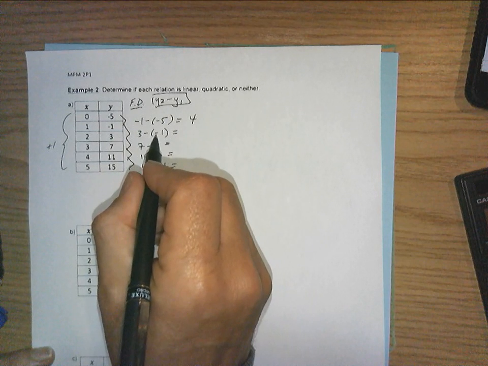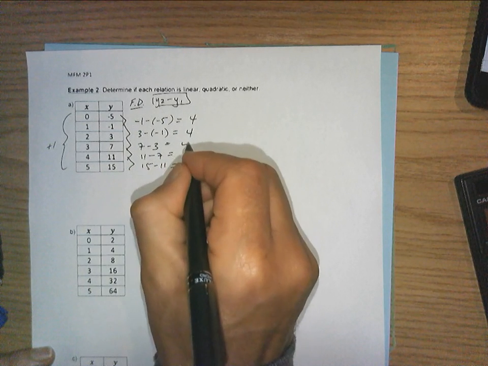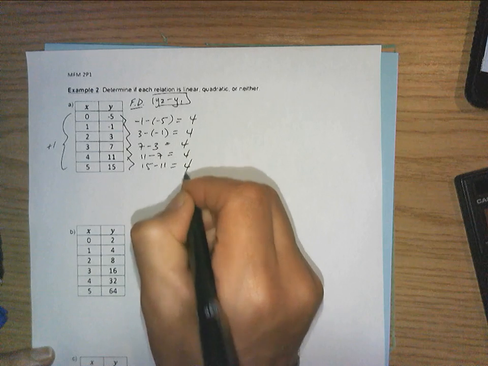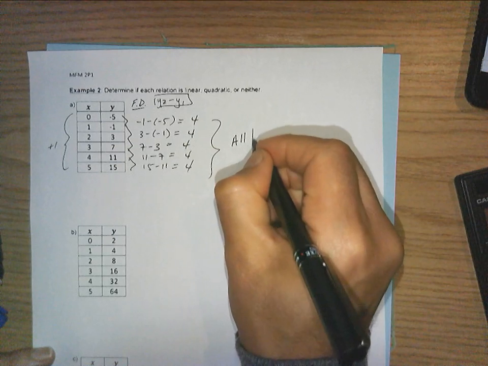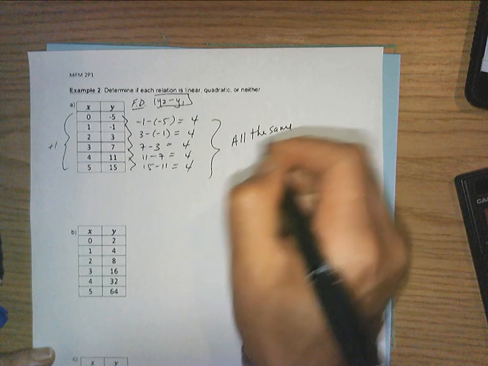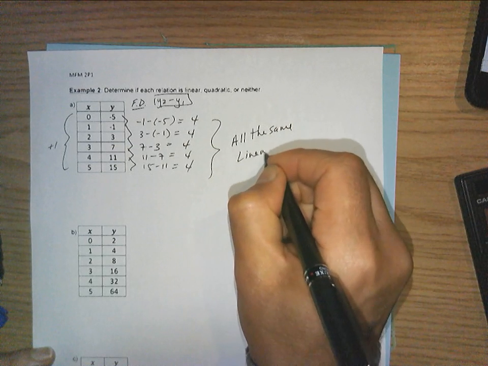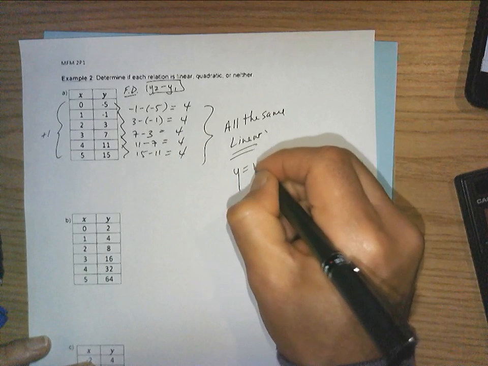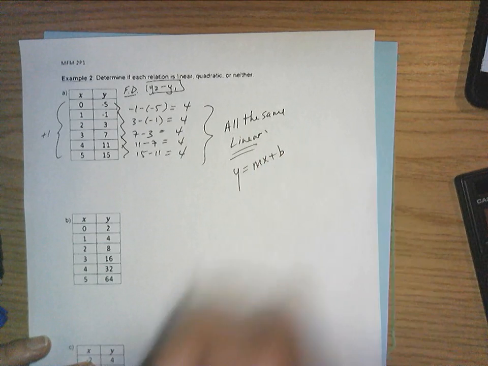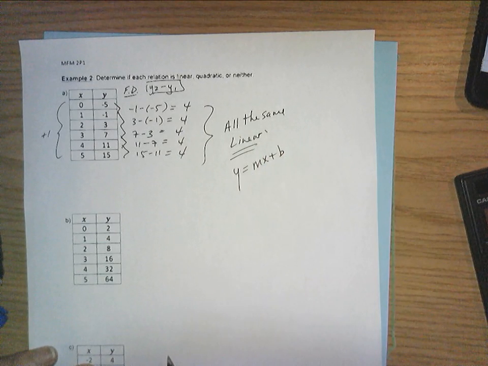Negative and negative is a positive, so that's going to be 4. This is 4, this is 4, this is 4. All the first finite differences are the same. That means that this is linear. And again, we know that from grade 9, and that's going to be of the form y equals mx plus b. We know that for sure.